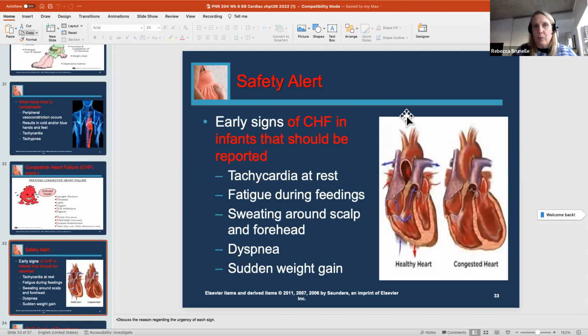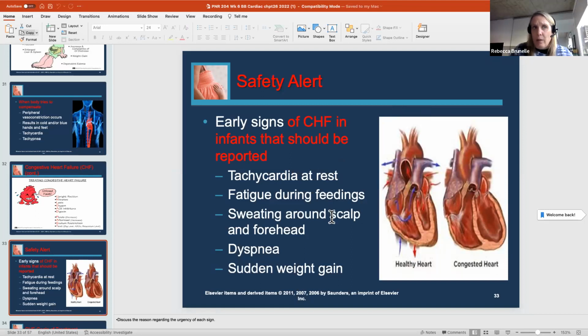Like I said, in kids, most of the time it's congenital and not acquired. And there's certain things that you don't always necessarily associate with cardiac that you should think about could be undiagnosed. It could be an early sign of congestive heart failure. So tachycardia at rest, when they don't have a fever, when they're not upset, they're calm, and they have a high heart rate. If they're not feeding well, that's the big one. You worry a lot about kids that aren't able to eat.